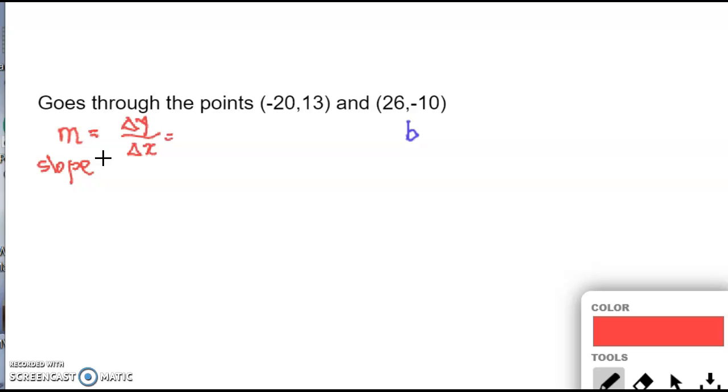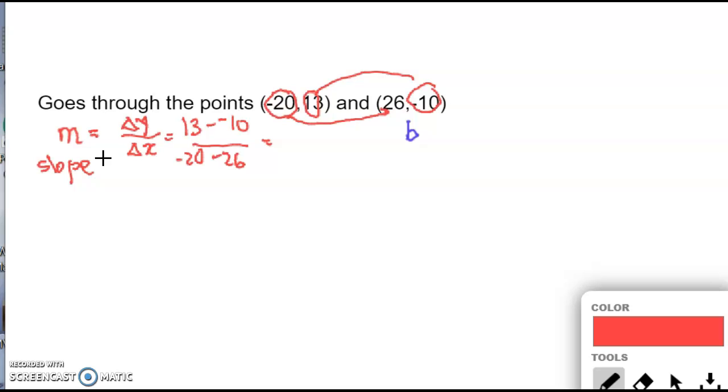So we're going to subtract 13 minus 10 over negative 20 minus 26. So minus minus becomes plus.